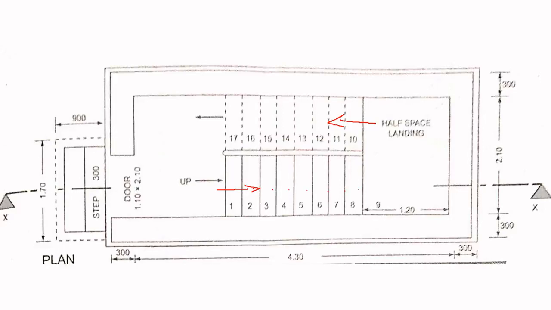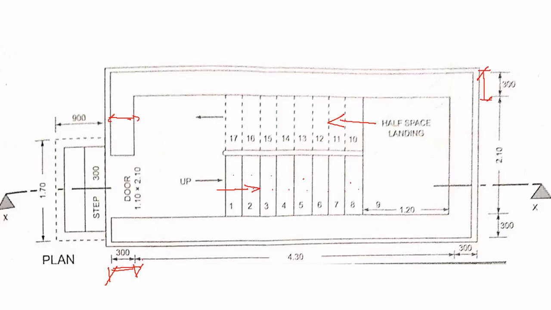Now, this is the width of the wall, 300 mm. Here also you can see 300 mm, this is the width of the wall. So these are your steps. Here you have a landing, it is called half space landing, and this 300 mm is your wall.